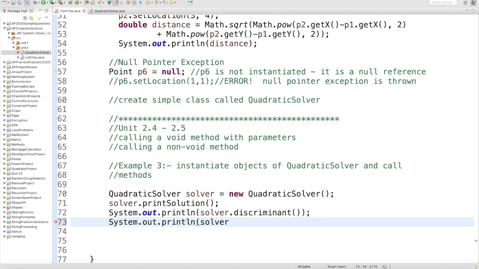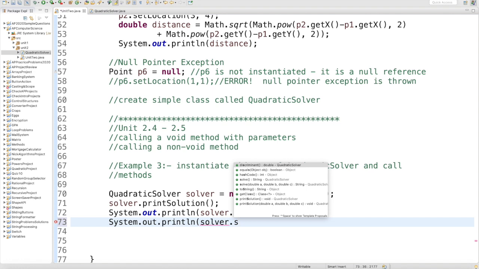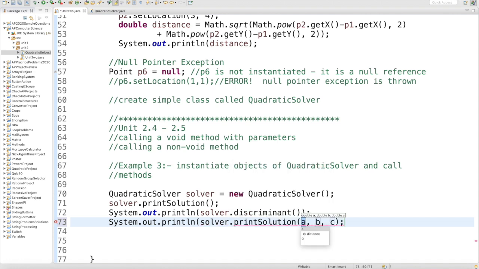I'm going to say, hey, solver, why don't you solve? Now I'm looking for the one that has a return. So solve for me 1, -2, 1. Now one thing we've got to be careful of here is that this print solution actually prints.